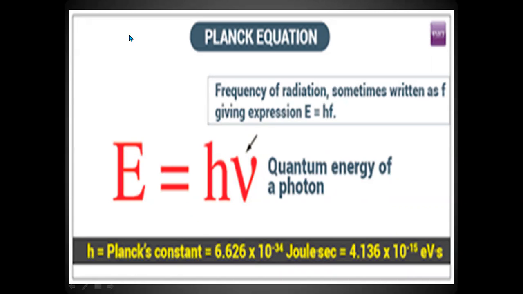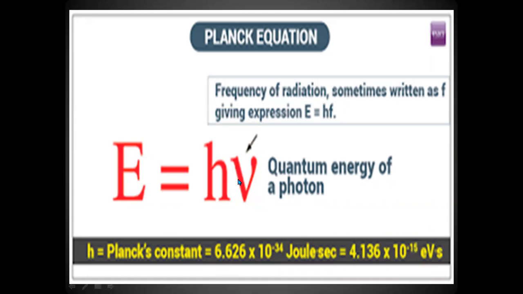The units of energy are joules or kilojoules, or similarly calories, and it can also be given in electron volts for bodies like electrons. When expressed in electron volts, it will be equal to 4.136 into 10 to the power minus 15 electron volts second.